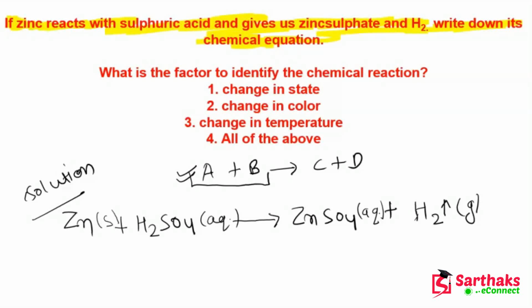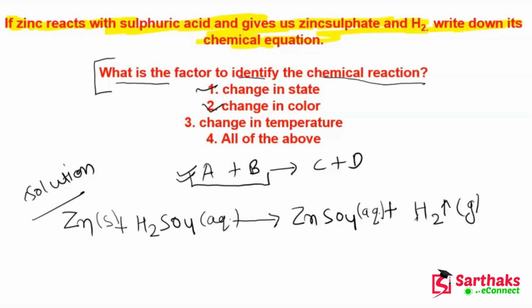Now let's talk about the second example. What is the factor to identify a chemical reaction? The first factor is change in state. Of course this is a factor. We have studied that change in state is a factor to identify a chemical reaction. The second factor is change in color.